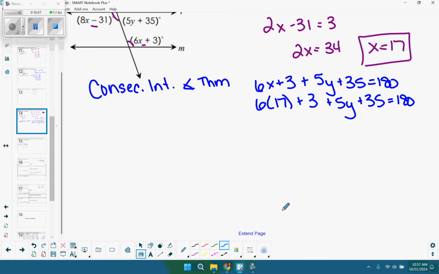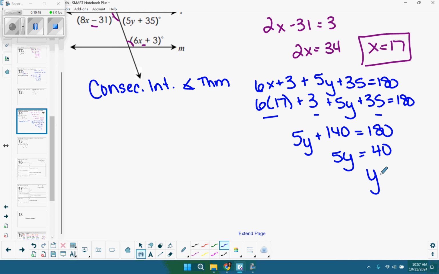So if I do 6 times 17, I get 102 plus 3 plus 35. So adding together all of that, I get 140. Take away the 140. So now 5y equals 40. And when I divide by 5, I get y is equal to 8.